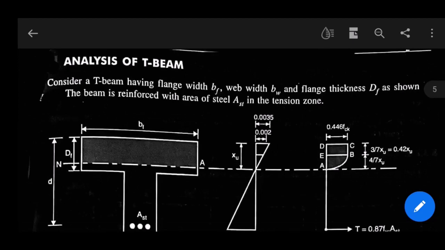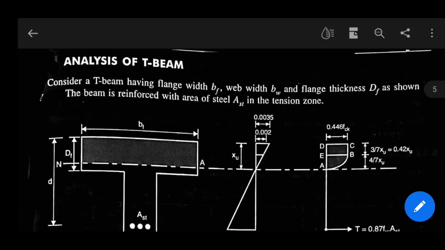Now we will analyze the T beam. Look, a T beam is considered just like a rectangular section, as you can see in earlier videos, whose links are given in the description box. There are mainly two cases that may arise.